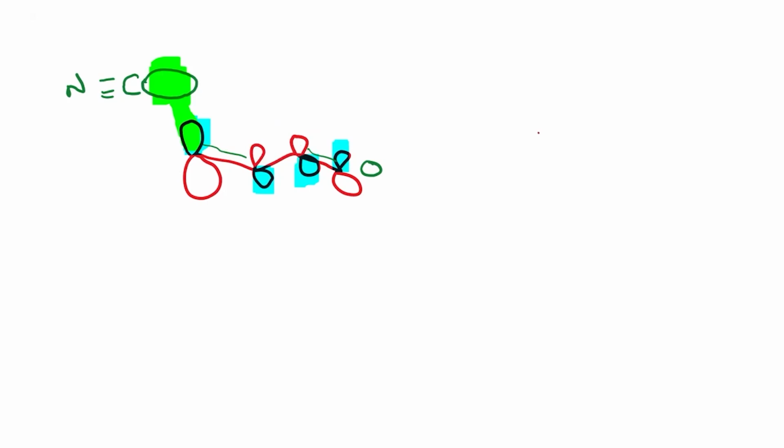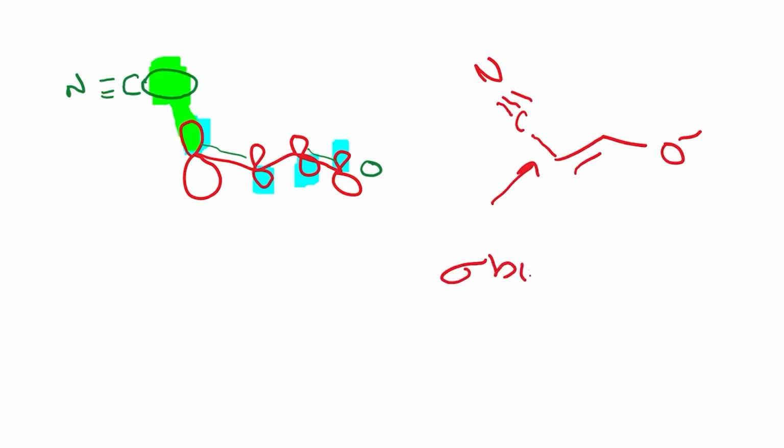So this is the new bond, C triple bond N and O minus. This is the new sigma bond that is formed, and this carbon-carbon pi bond is going to be broken, and you generate the enolate.